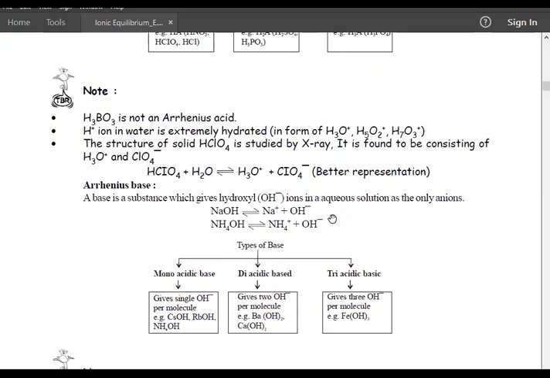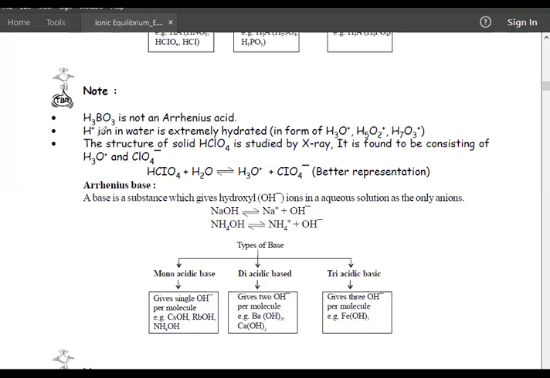In this case also, we have monoacidic, diacidic, triacidic, depending on the number of OH minus released. So see the nomenclature: monoacidic base is used for base. What is the meaning of acidic base? Release of OH minus. Okay, everyone?